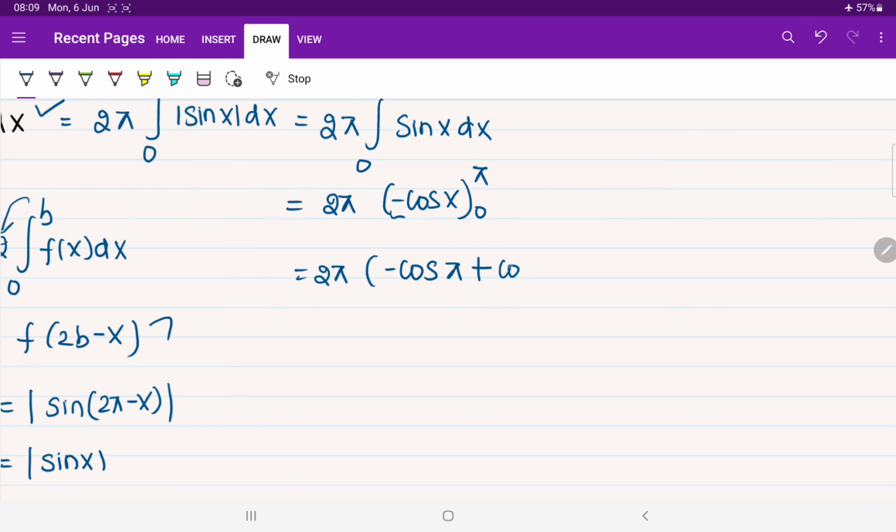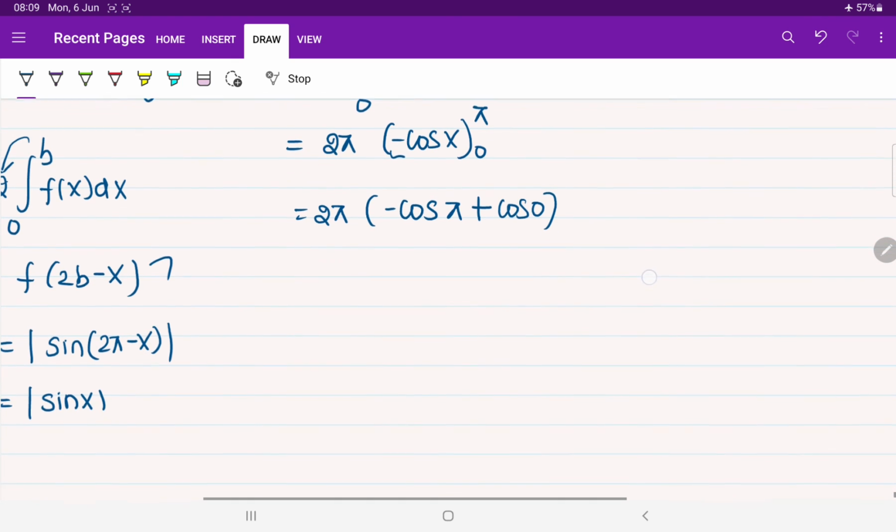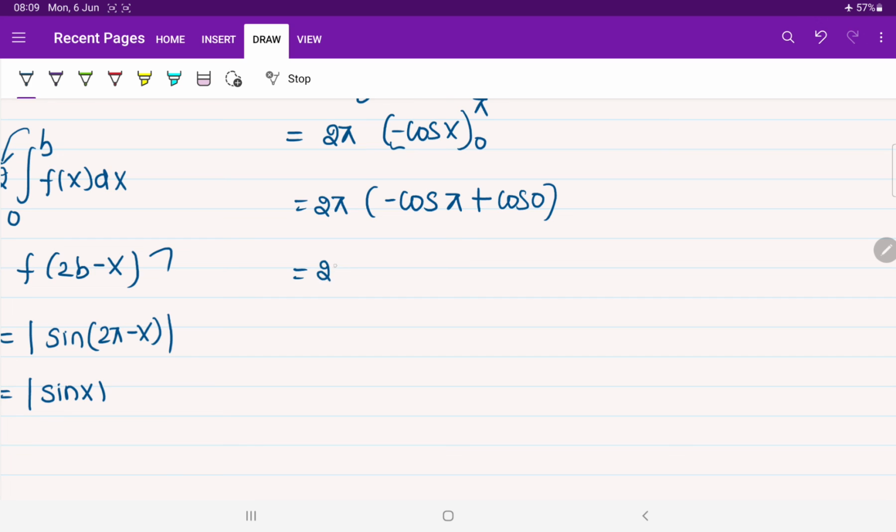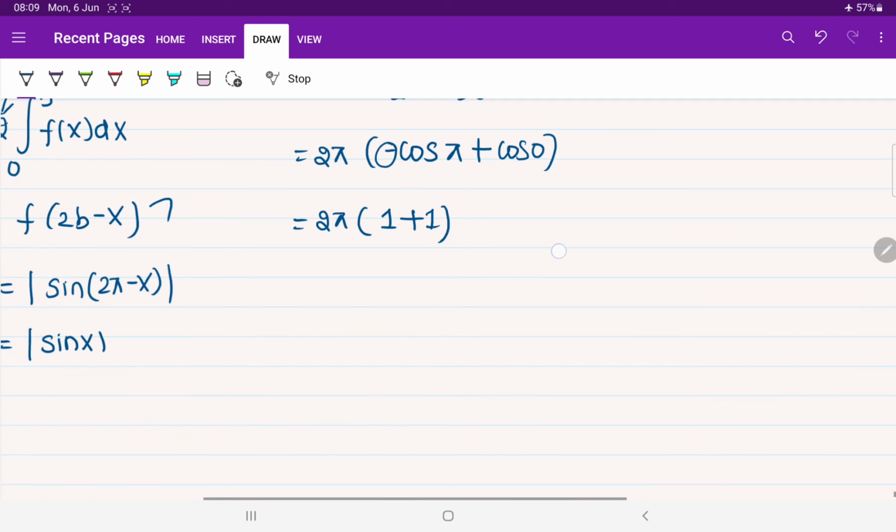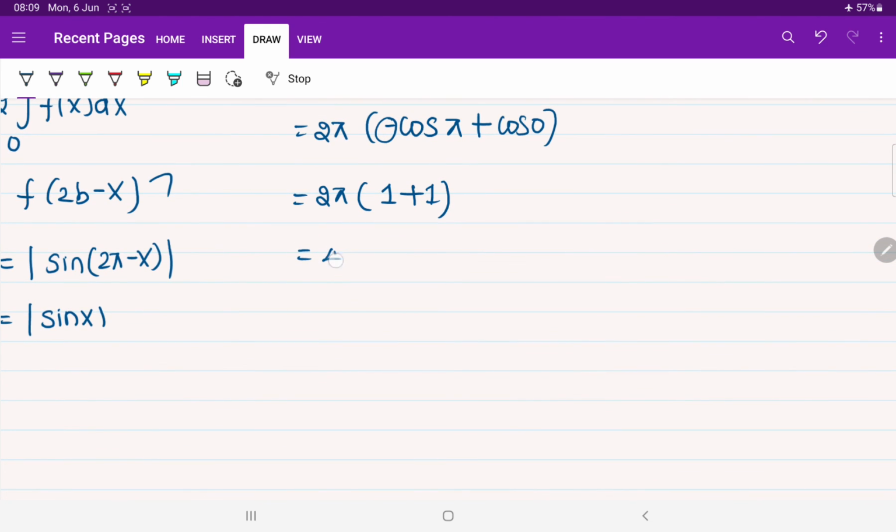So minus into minus will become plus cos of 0. Tell me what is the value of cos pi? Cos pi equal to minus 1. Minus into minus 1 will become plus 1, because here we are having one minus. Cos 0 will give you one more plus 1. 1 plus 1 will become 2. 2 into 2 pi will give you 4 pi. Now from this also I can define the value of k equal to 4 only.